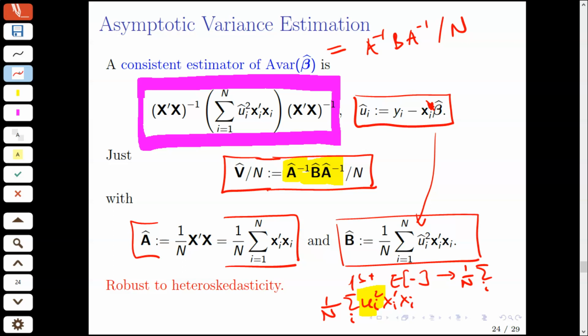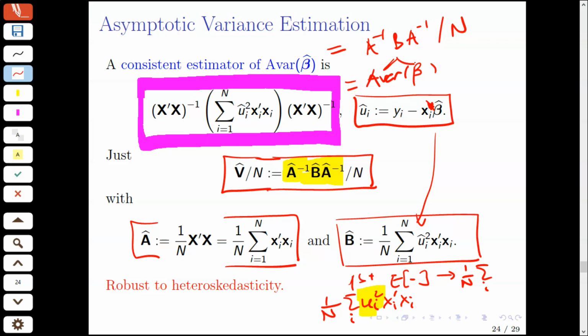All the divisions and multiplications by n end up canceling each other out, and the asymptotic variance estimator simplifies. So that is our asymptotic variance estimator.